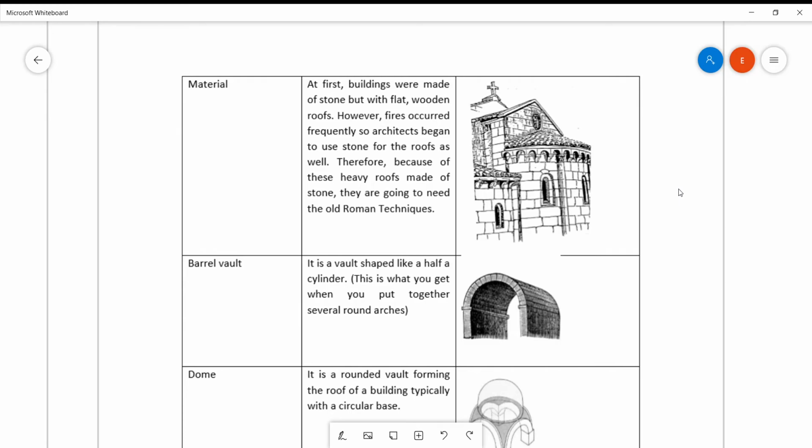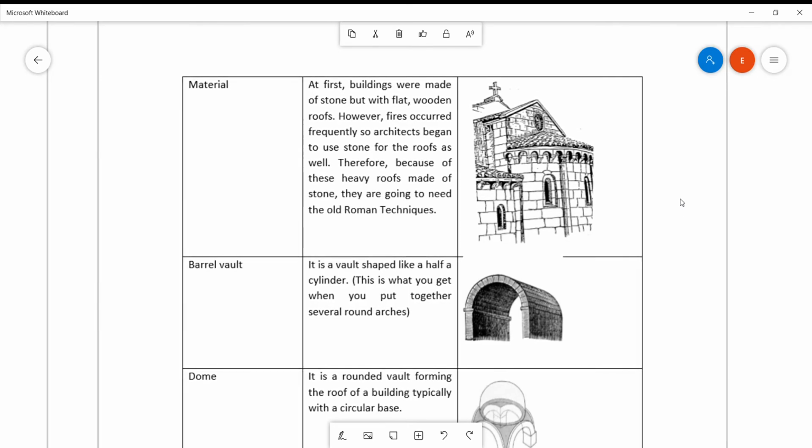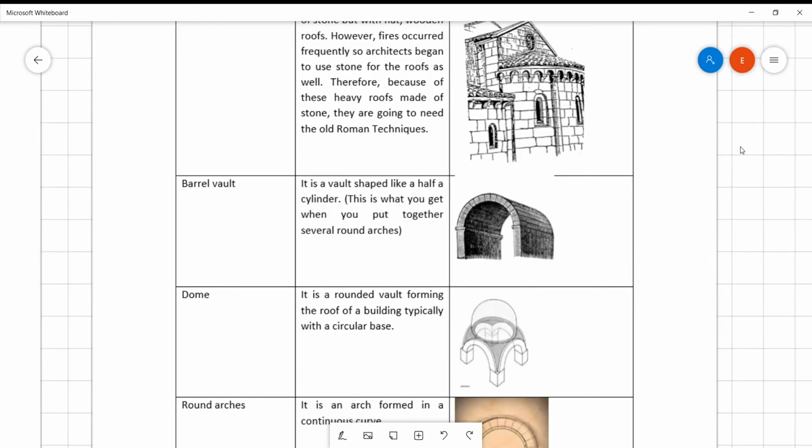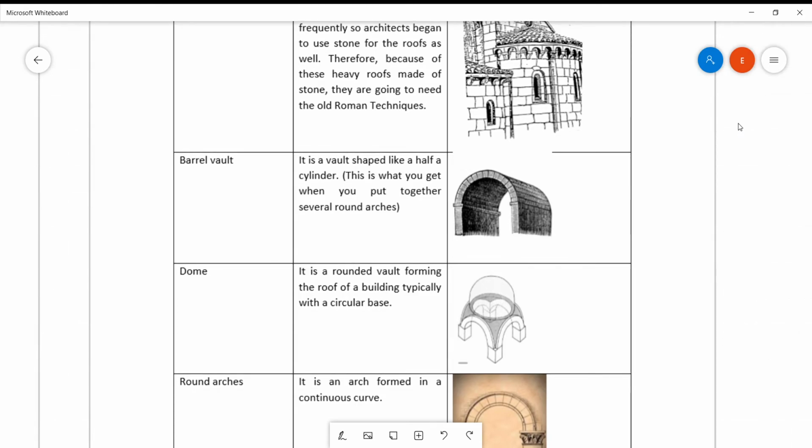Okay, so they need to support all that load, todo ese peso tienen que sostenerlo de alguna forma, and because of that, apart from the thick walls, they are going to use the old Roman elements, or the Roman techniques like the barrel vault, the dome, and the round arches.